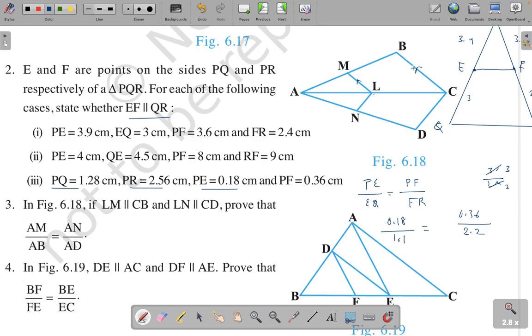So LM is parallel to BC and LN is parallel to CD. Prove that AM upon AB is equal to AN upon ND. Sorry, AN upon AD, not ND.